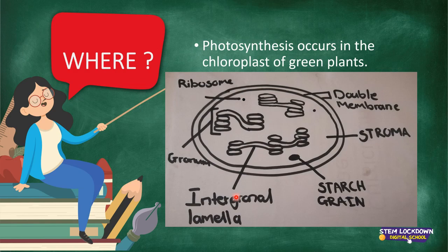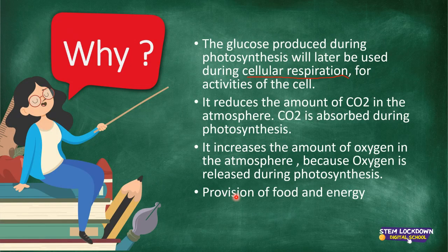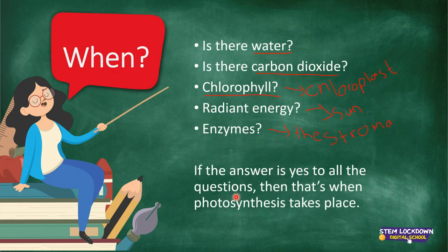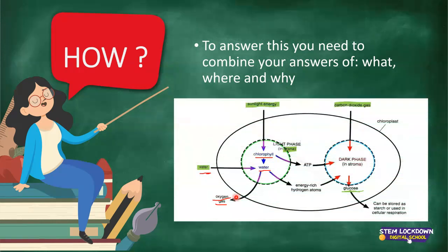And we mentioned the functions of each label that we labeled on the chloroplast. We spoke about why photosynthesis is necessary. I gave you 4 reasons as to why it is necessary, and when it takes place, and how. And that is where we left off yesterday.